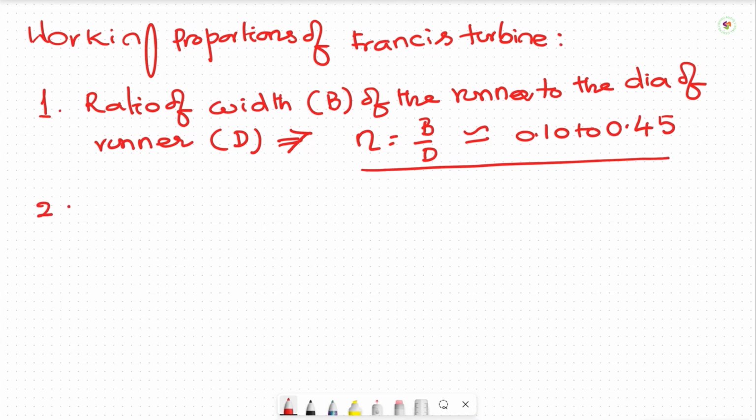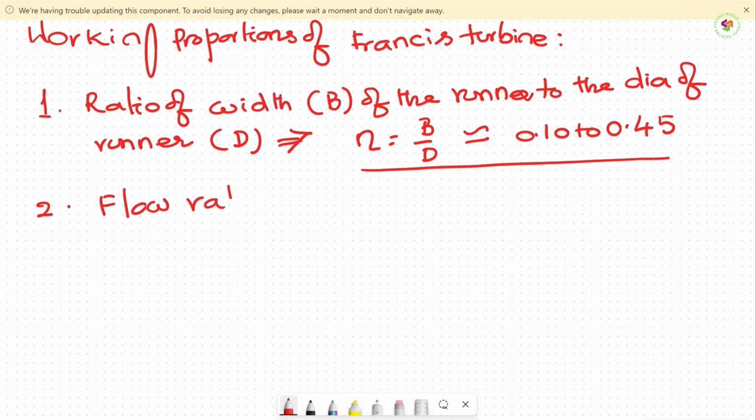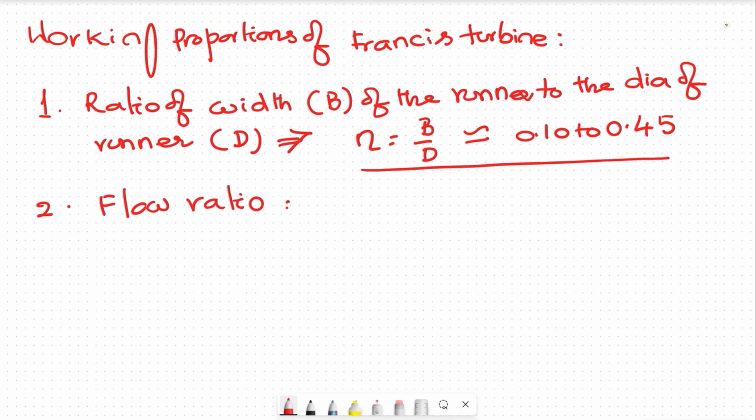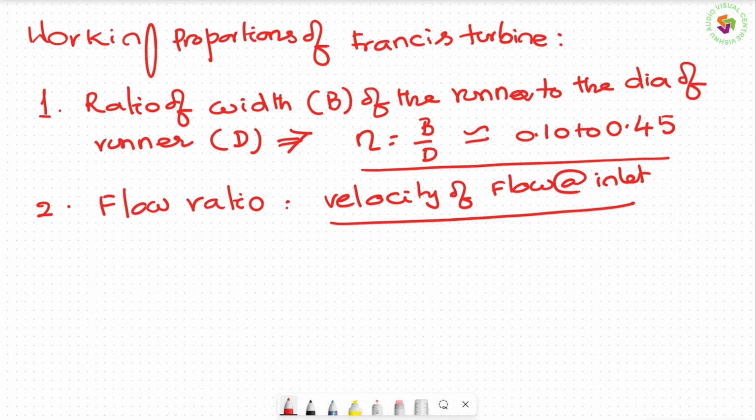The second point is the flow ratio. We already discussed this previously. How did we define it? It is the velocity of flow at inlet to the theoretical velocity of jet at inlet.